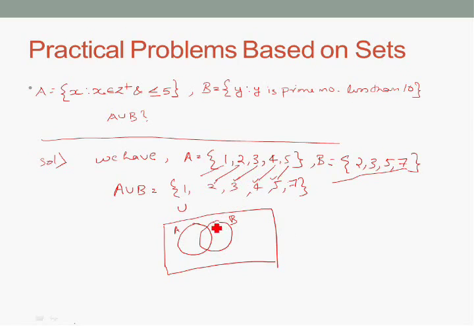So let's make them intersect. Set A contains the numbers 1, 2, 3, 4 and 5. And similarly, set B contains the number 7, because 2, 3 and 5 we have already written here, and these are common to B also. So this is the solution.